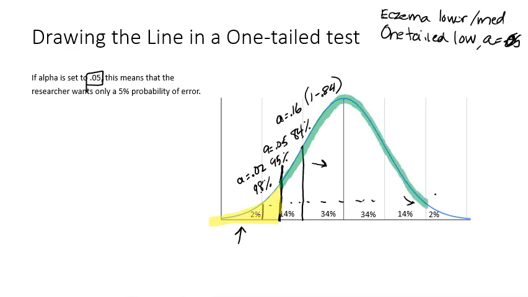And I said 98, and I hope you caught my mistake, because we're using alpha 0.05, so I should have said 95% of the scores are going to fall in this region. And in this region right here, 5%.